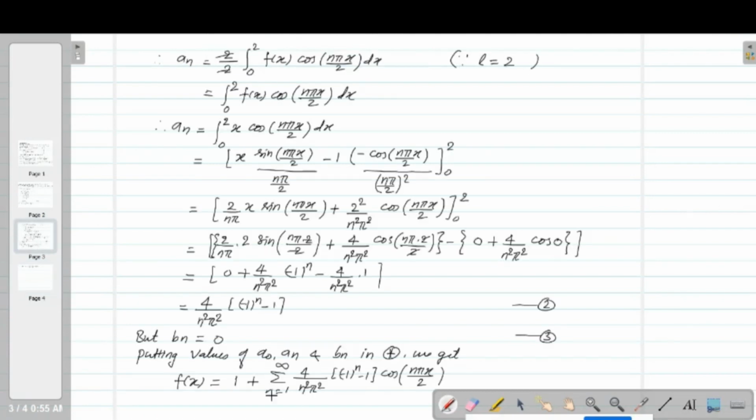Summation running from n equal to 1 to infinity, minus 1 raised to n minus 1 divided by n square into cos n pi x by 2. The 4 by n square we take outside, so the remaining term is minus 1 raised to n minus 1 by n square into cos n pi x by 2.